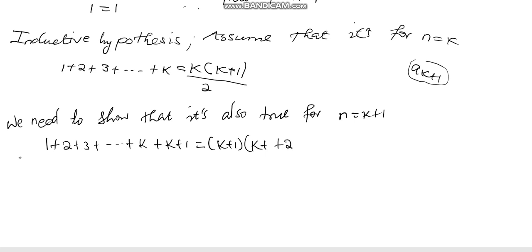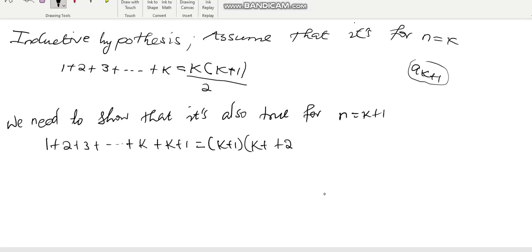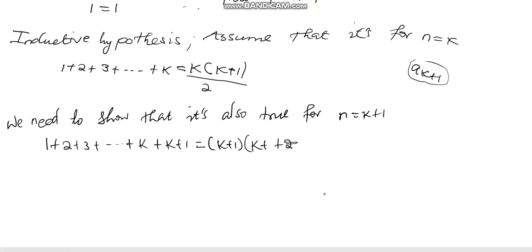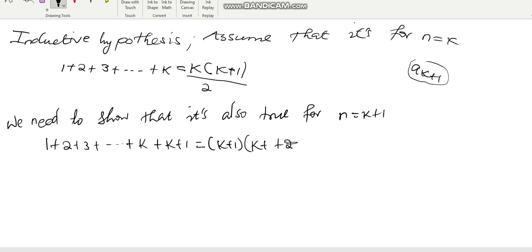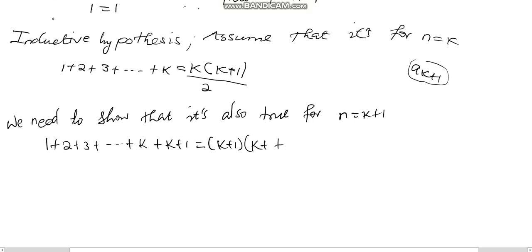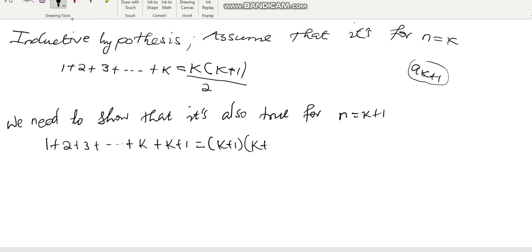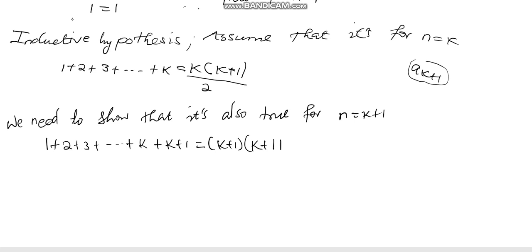So let me just erase this. Here we have k plus 1 plus 1 again. Then we divide everything by 2.